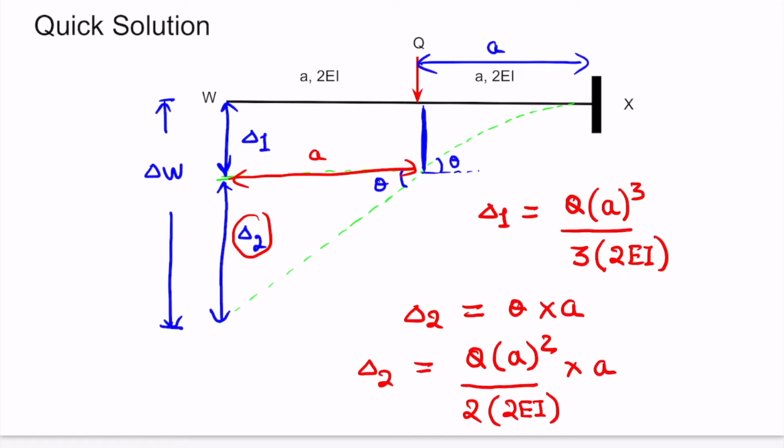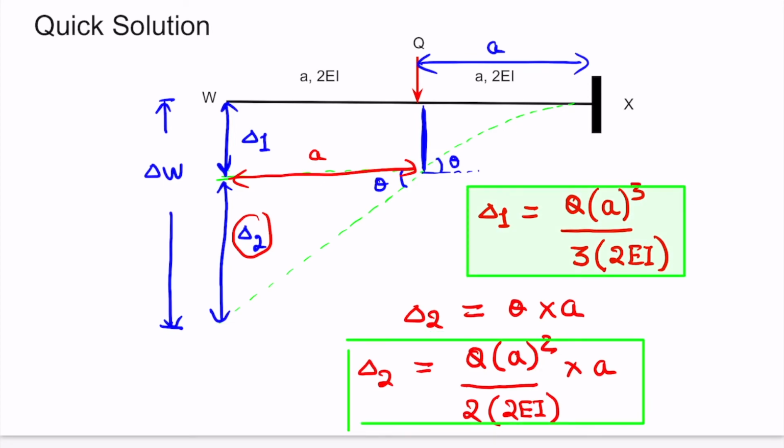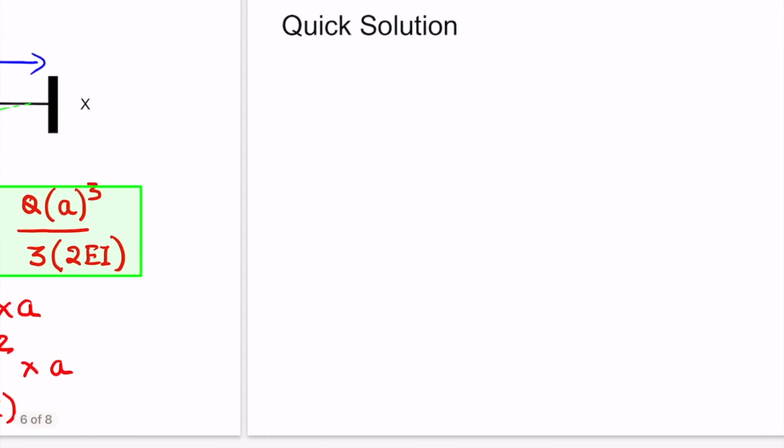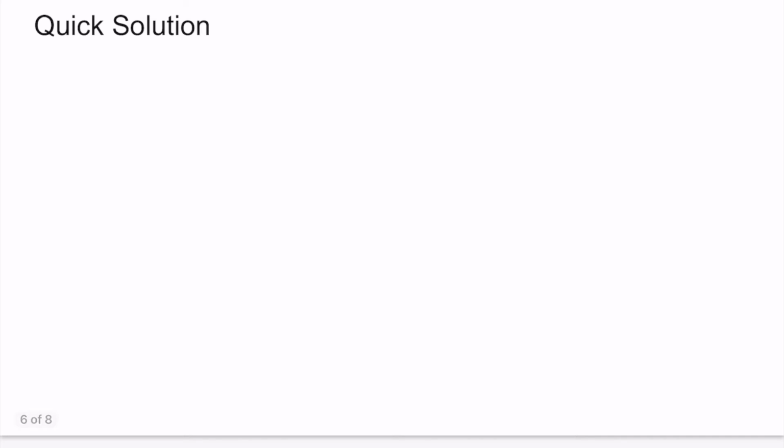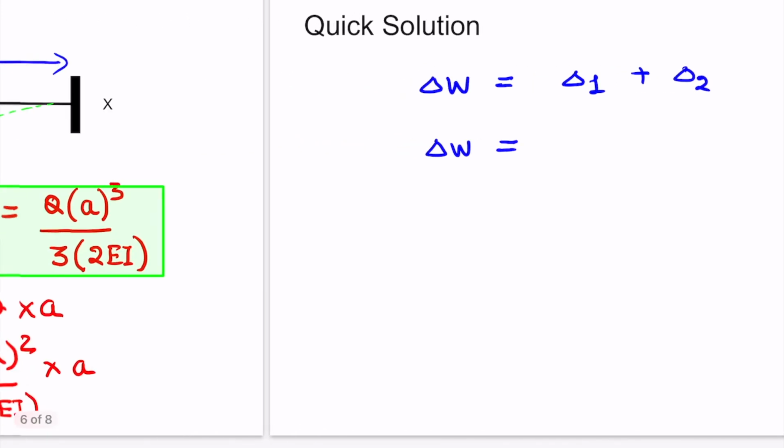So now we know the value of delta 1, and we also know the value of delta 2 now. So let us calculate the value of delta W now. Delta W is simply delta 1 plus delta 2. What is the value of delta 1?